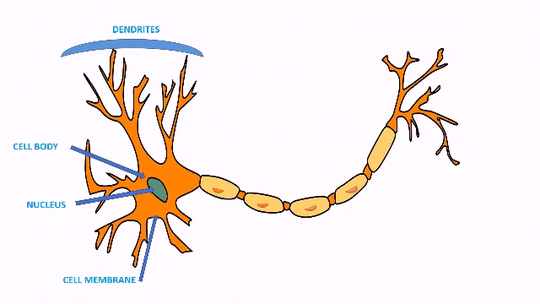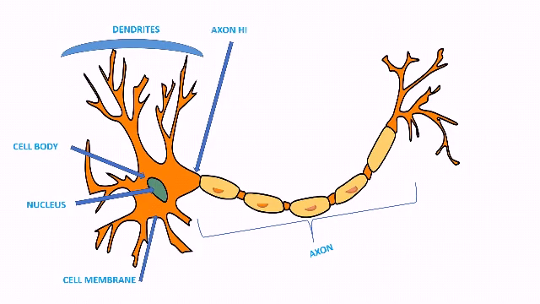After the cell body, we see this whole part, it is called the axon. Then this axon starts from the axon hillock. Then this axon is made up of the myelin sheath.